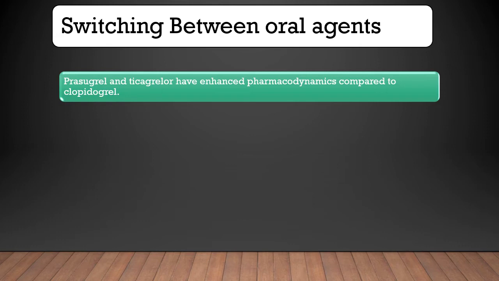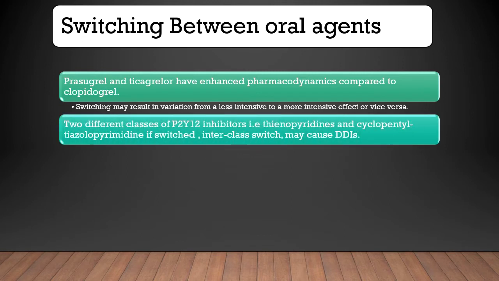As is known to you, PRASUGREL and TICAGRELOR have enhanced pharmacodynamics compared to CLOPIDOGREL, and that's why switching may result in variations from a less intensive to a more intensive effect or vice versa. There are two different classes of P2Y12 inhibitors, that are thienopyridines and cyclopentyltriazolopyrimidines.